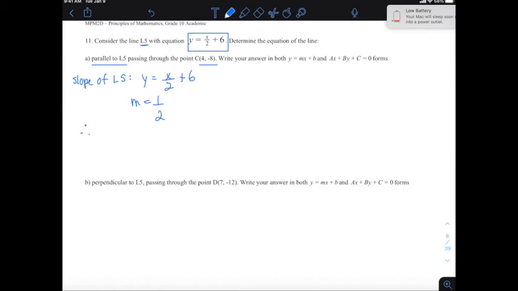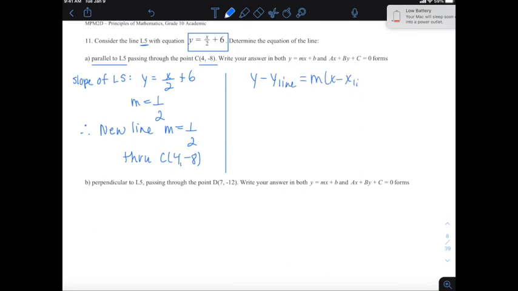So therefore, my new line, the one that I'm trying to find right now, has slope of 1/2, and it also goes through C, (4, -8). So to figure out the equation of my line, it's y minus y1 equals m times x minus x1.